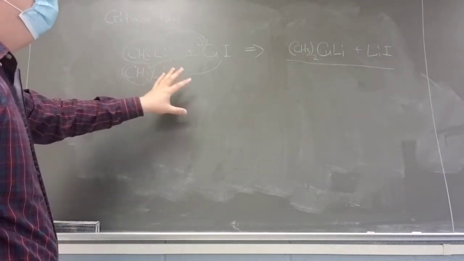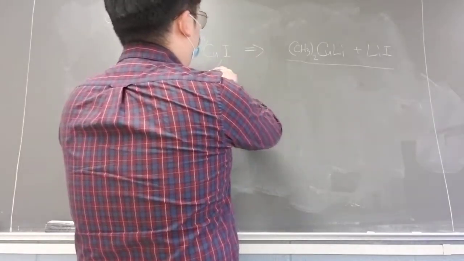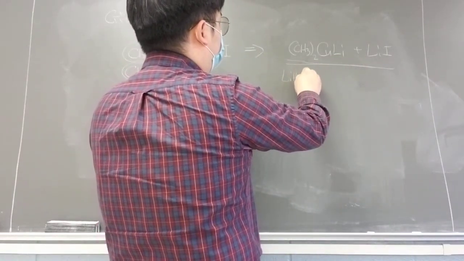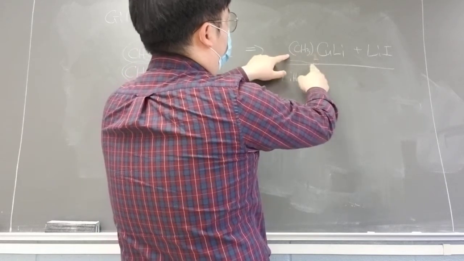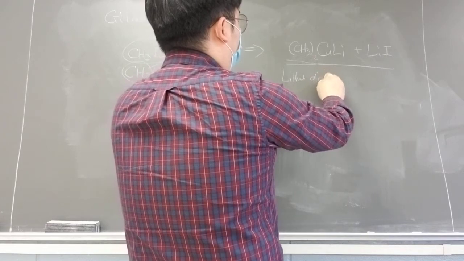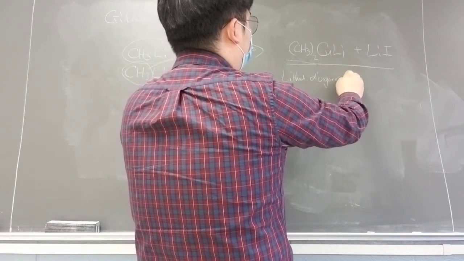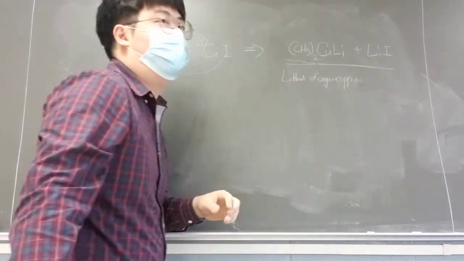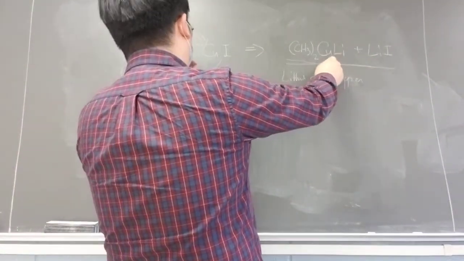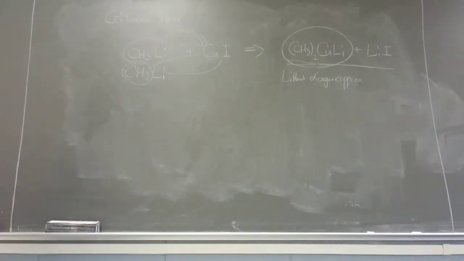But eventually, what happens to those two is just making lithium di, we put di because there are two organic groups, diorganocopper, and the lithium iodide. But this is not so important. This is the one we need to really carefully look at.